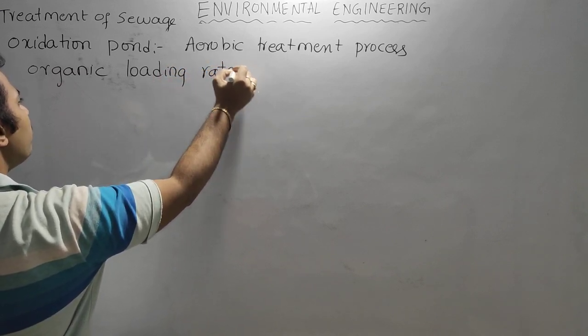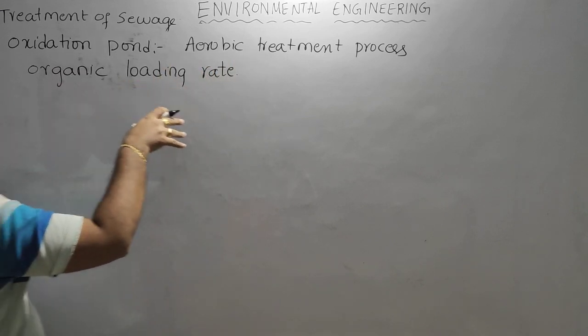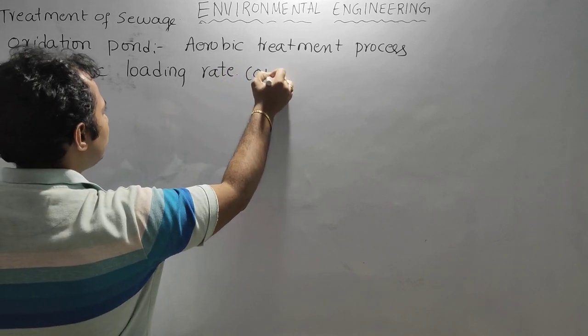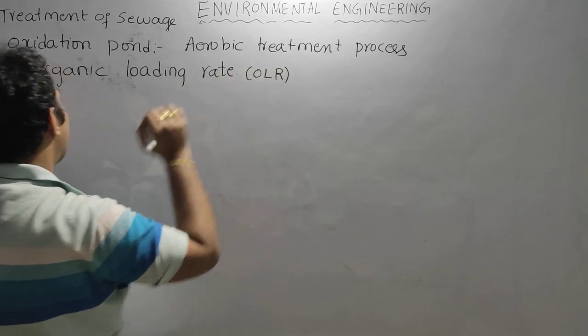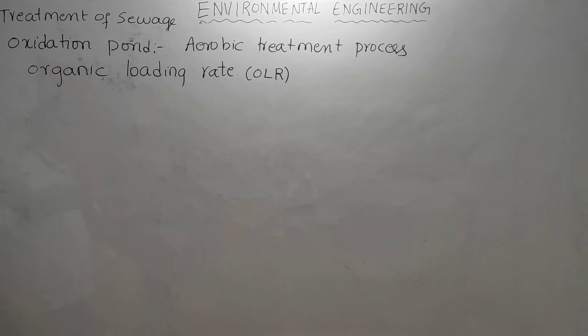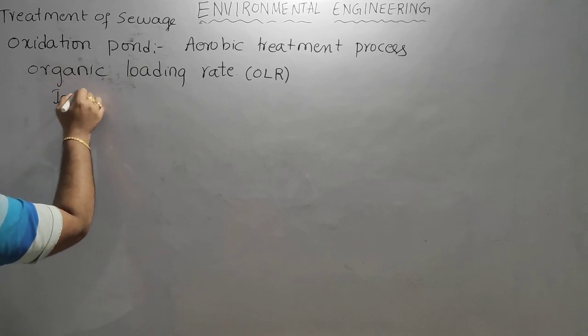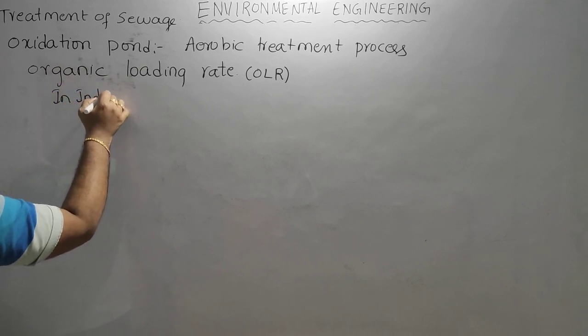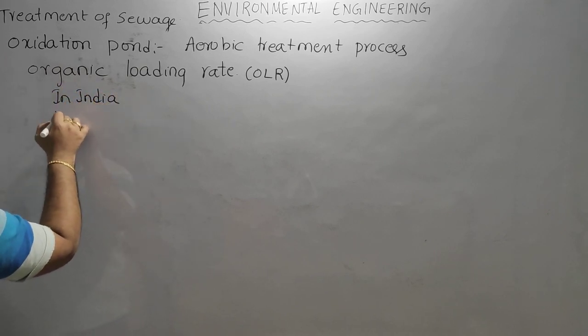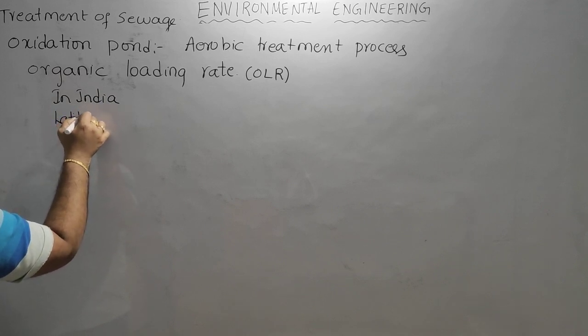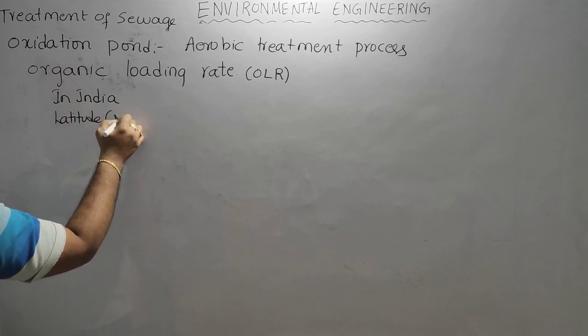So this is a very important parameter of an oxidation pond. For example, latitude in India. If you take the latitude, these are called northings.